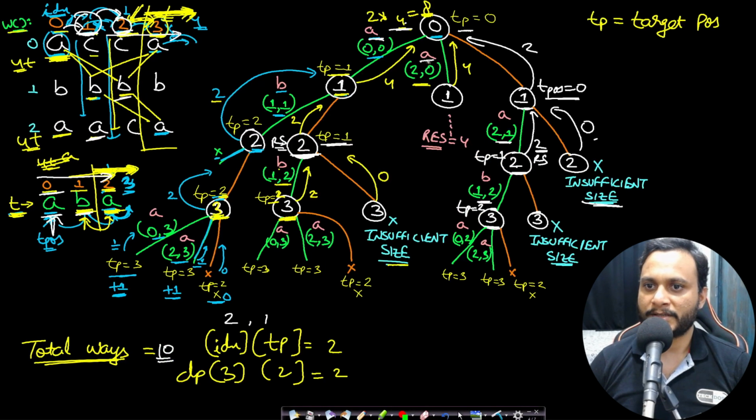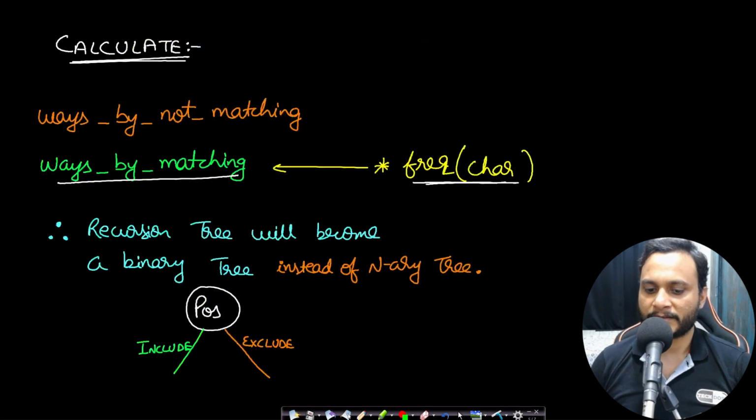We had 2 A's here, so we can just calculate for 1 A and multiply it with the frequency of A. That is how I calculated it without having to reparse the tree. And I have to definitely calculate the non-inclusion case if I don't match with any character, and I just have to add these 2 cases.